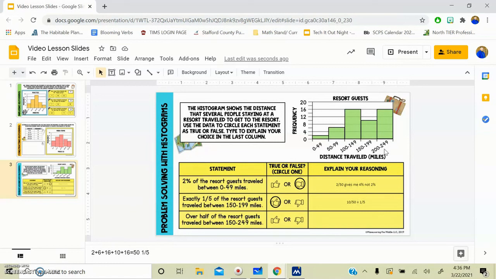The reason I do that is it gives me now a percentage. And remember, when I have half, I'm going to get something that's more than 50%. So when I do 26 divided by 50, I get 0.52. And when I multiply that by 100, I get 52%. So that is also true.